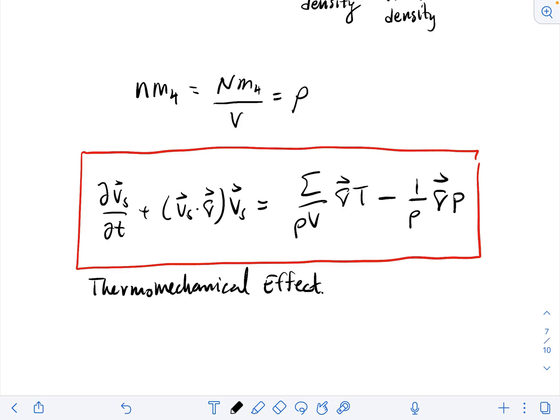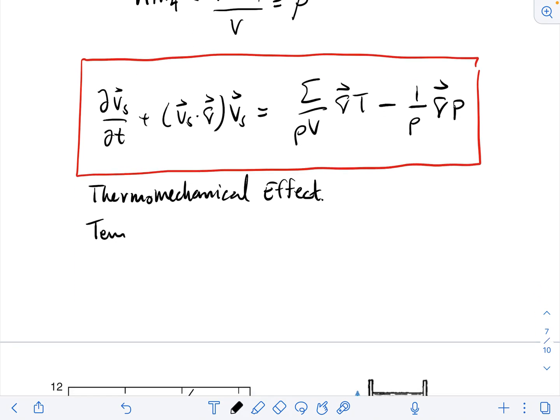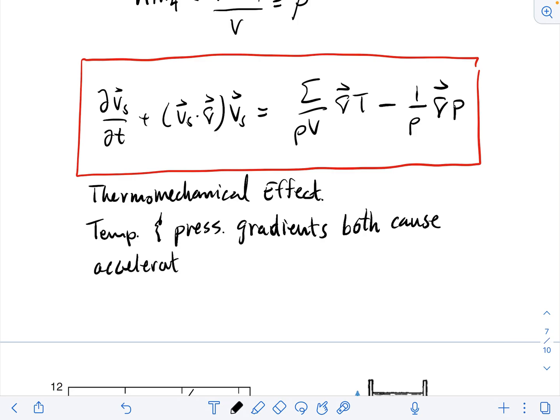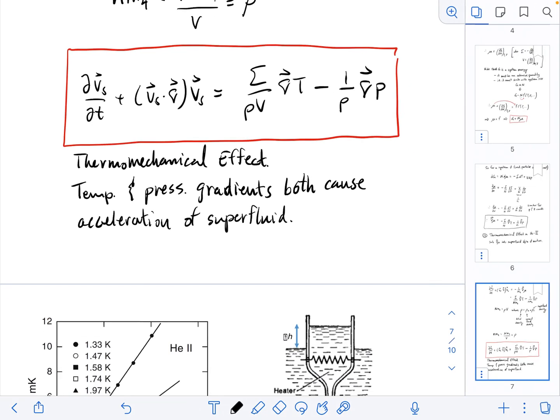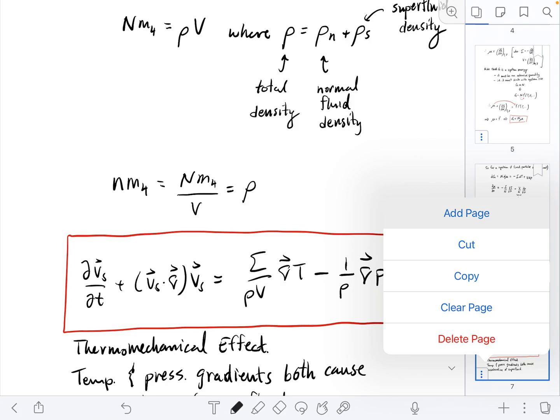Okay, so temperature gradients and pressure gradients both cause an acceleration of the superfluid.